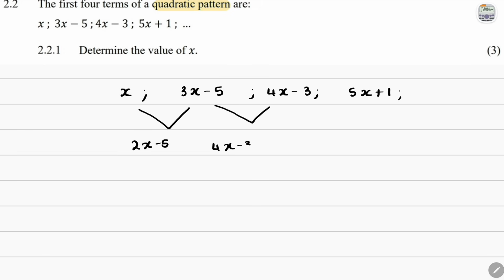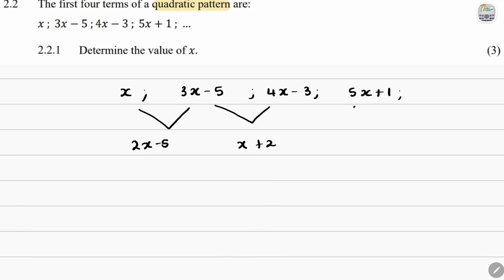So that's 4x minus 3 minus 3x minus 5. And when we distribute, we have 4x minus 3 minus 3x plus 5. And then 4x minus 3x is x. And we have 5 minus 3, which is positive 2. And that simply simplifies to x plus 2.